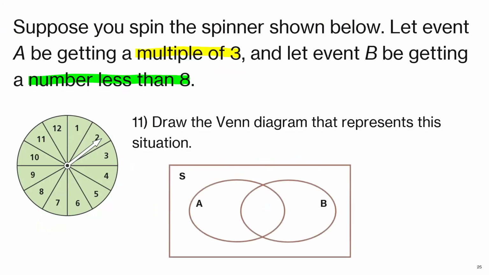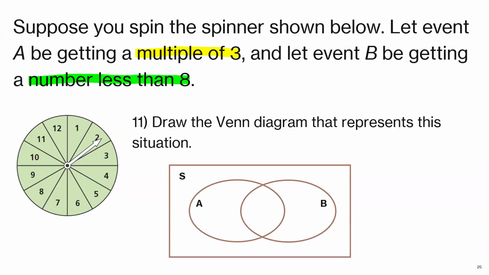I'm making my box. I need to always have it in a box because there are some cases where you have values that are not part of event A or event B, but they're still in your sample space. So here we have this entire box S, the entire sample space. Event A consists of multiples of 3. Event B consists of numbers less than 8. So at first I'm going to find the complement of those two events.